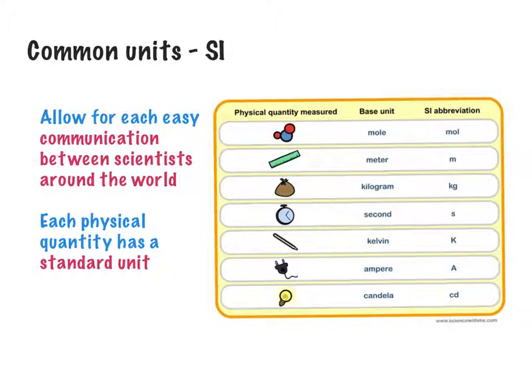Now, don't be frightened if you don't understand what a mole is. Don't be frightened if you don't understand what a candela is, or an ampere. We'll cover that during the years, but it's something that you need to include in your thought process. So as you can see, it's very, very important when you are communicating that you use units, and we try to use the standard units.